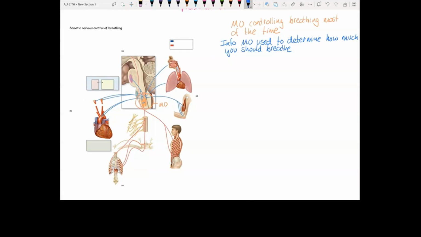Okay, so the blue lines in this picture are the information. And we're actually going to start with this box right here as number 1. This box is your central chemoreceptor.